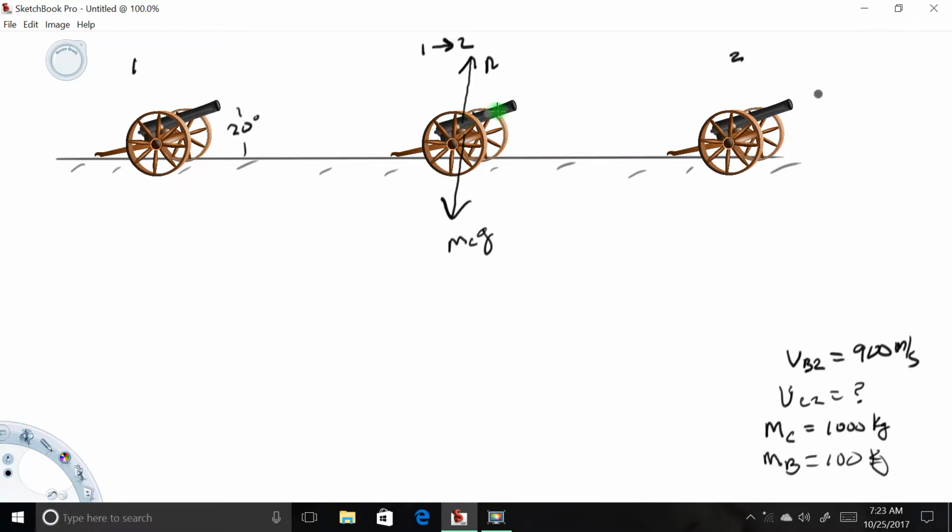I'm going to go ahead and put that in there. I'll just call it F, force on the ball. But by Newton's third law, that force that's acting on that cannonball up and right, that same force acts down and left on our cannon. Because remember Newton's third law, forces always appear in pairs.